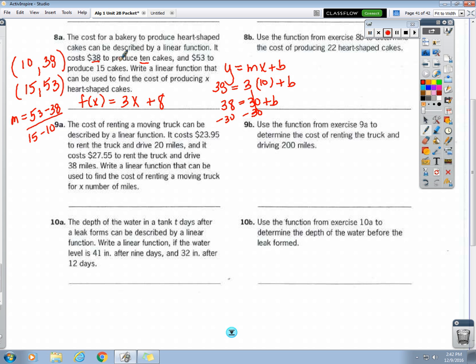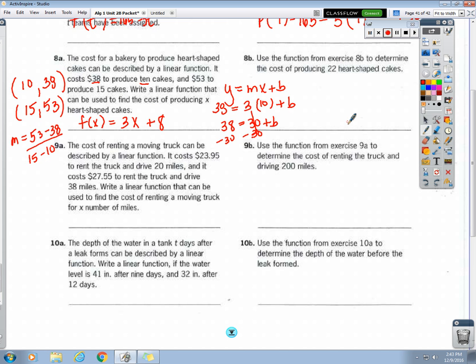And think about it. If cakes are $3 each, how much should 15 cakes really cost? 45, right? But they ended up being 53 because this is some kind of $8 charge. Okay? Alright, so in 8b, they want you to use the function from exercise 8a, that's a typo, that should say a, to find the cost of producing 22 heart-shaped cakes.